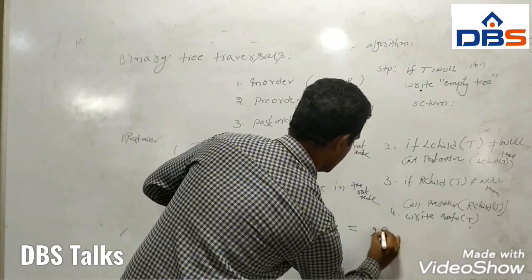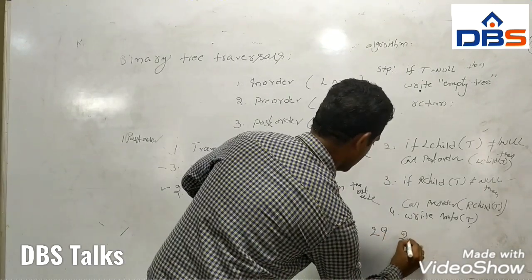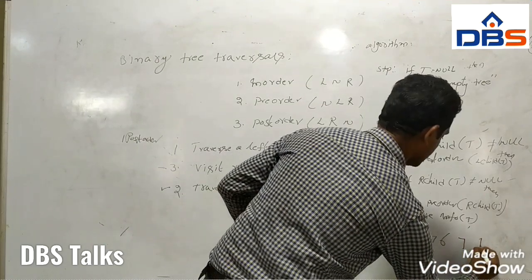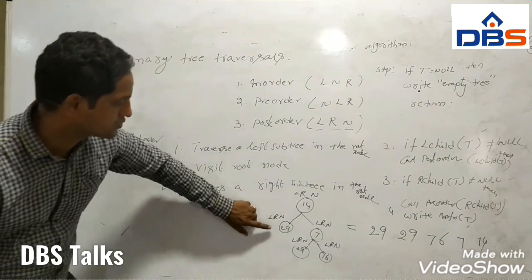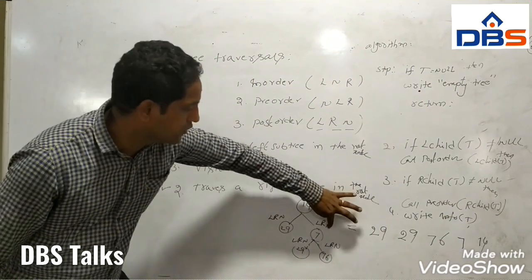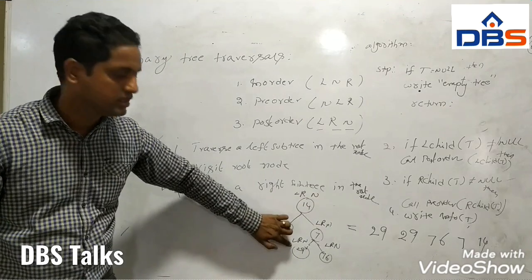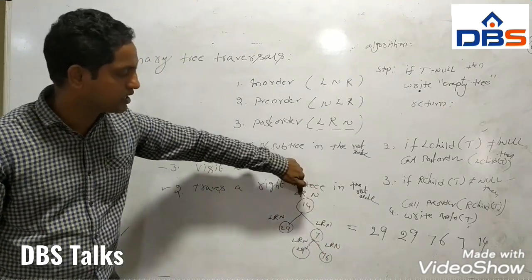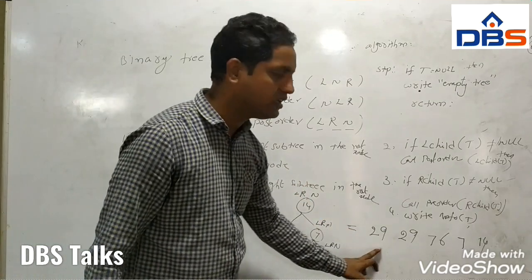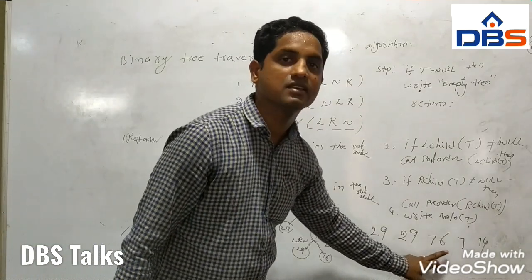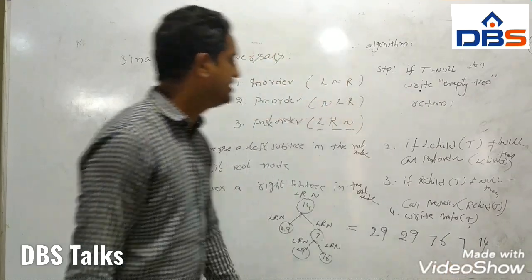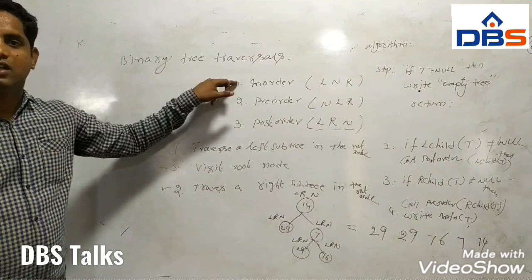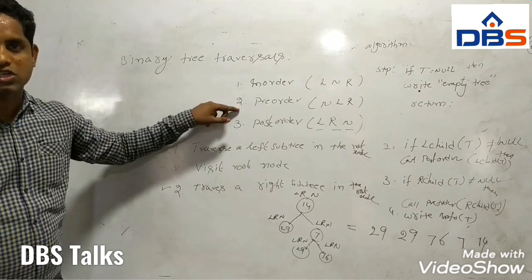Left is 29, then left is 29, then right is 76, then node is 7, then node is 14. So we get 29, 29, 76, 7 and 14. These are called the three traversals of a binary tree: inorder, pre-order, and post order.